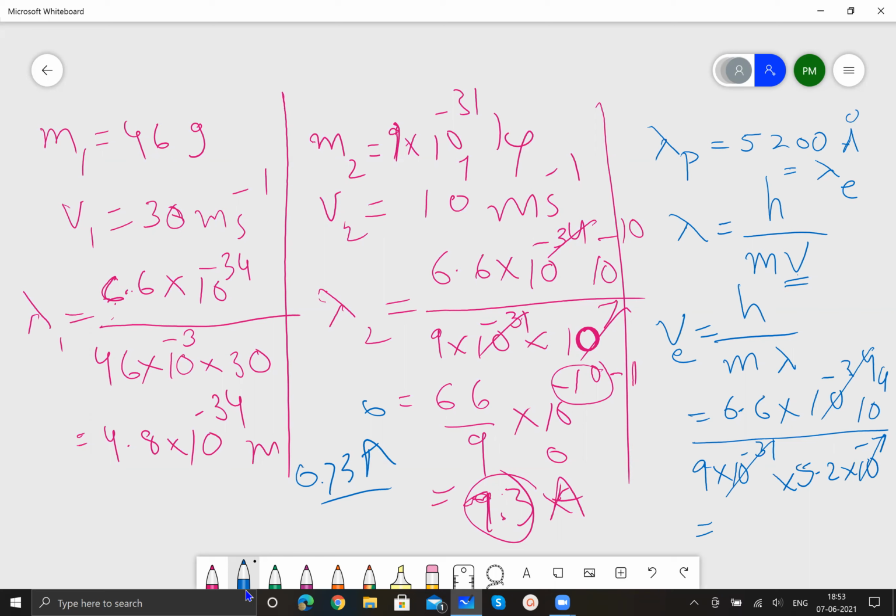These two decimals will go. So finally I will get 66 by 9 into 52 into 10 to the power of 4.